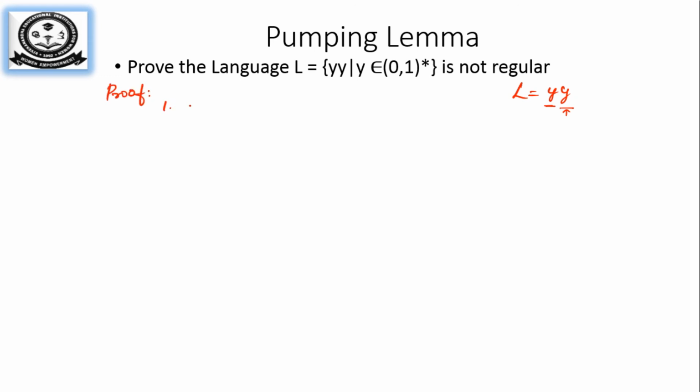First step, we assume language L is regular, because we are going to prove it by contradiction using the pumping lemma. Then it can be pumped to some pumping length P. Now the third step is we will choose a string.